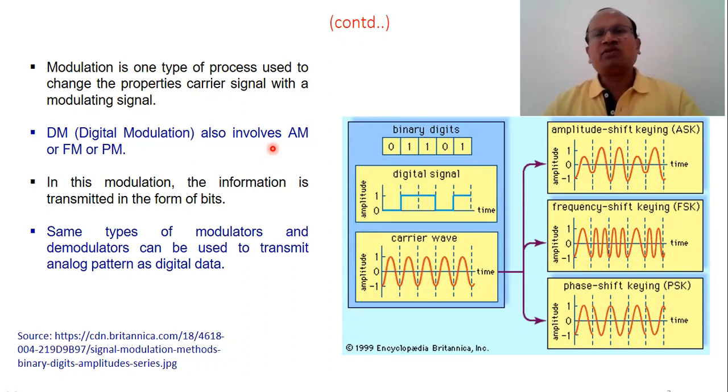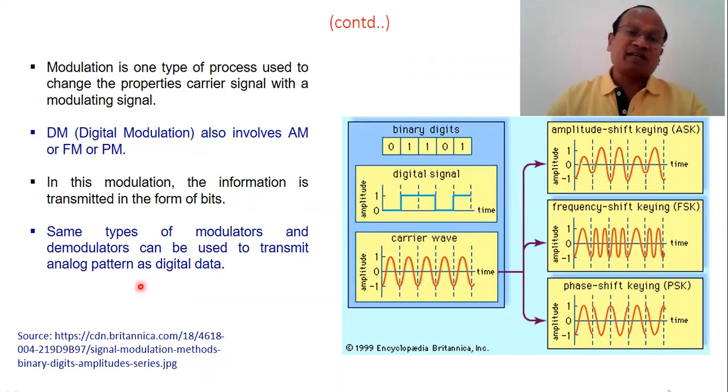Accordingly, the amplitude, frequency, or phase of the carrier will change. The information is transmitted in the form of bits, unlike analog modulation methods where the information is in the form of an analog or continuous signal, whereas in digital, the signal is in the form of a stream of bits. The same types of modulators and demodulators are used to transmit digital data as we use in analog data transmission.